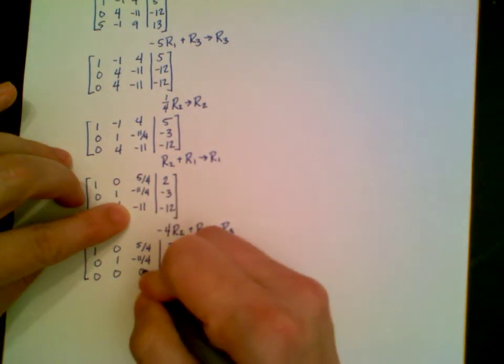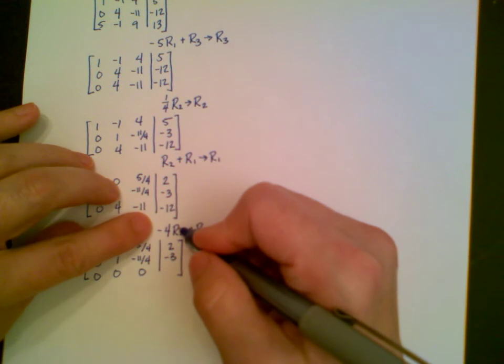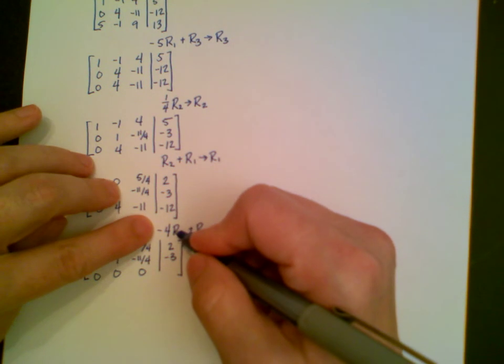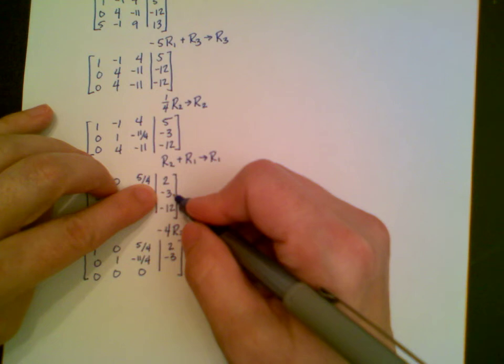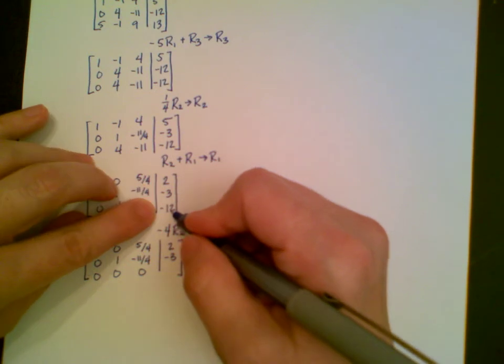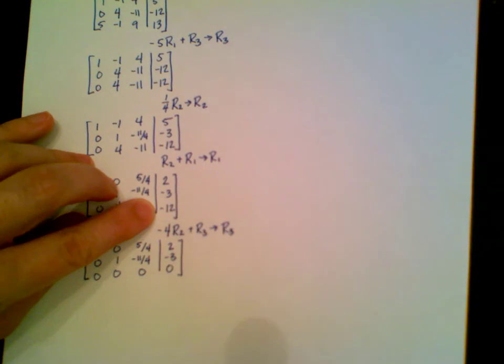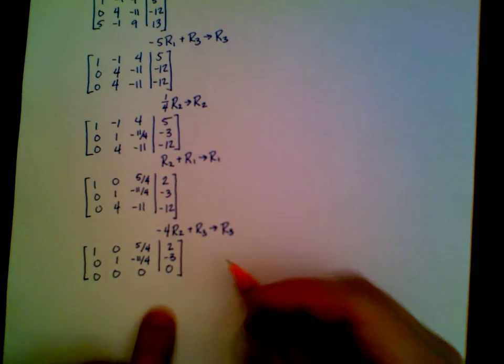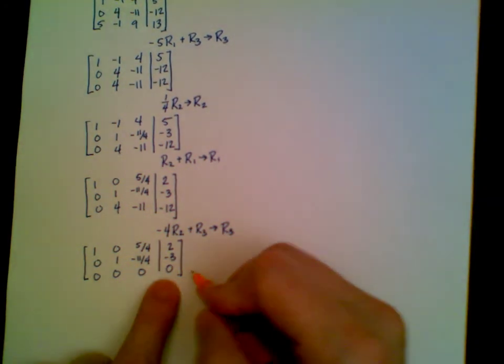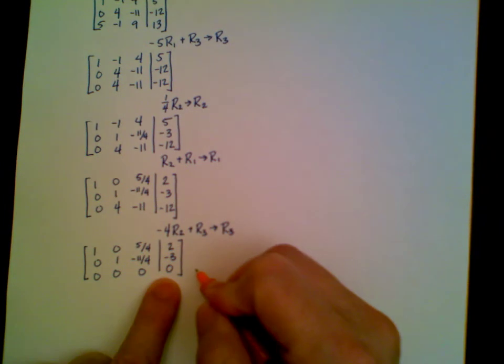Well, that's going to be 0. And then I've got negative 4 times negative 3 is positive 12. I want to add that to a negative 12, and I get 0. So let's pause here and take a look. Notice, I've got a row of all zeros.